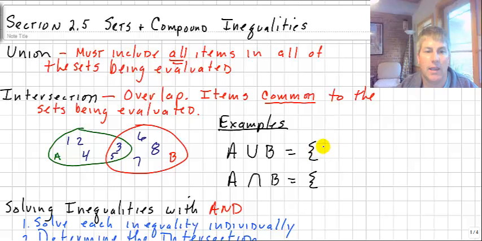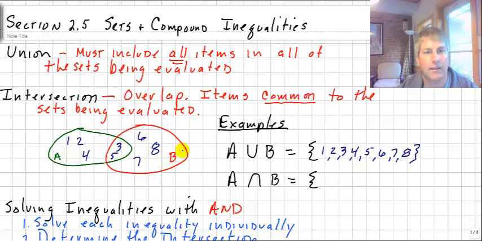Well, it looks like A union B is everything that's in A and everything that's in B. So the union is the numbers 1, 2, 3, 4, 5, 6, 7, and 8. Every one of those numbers makes up the union of those two sets.